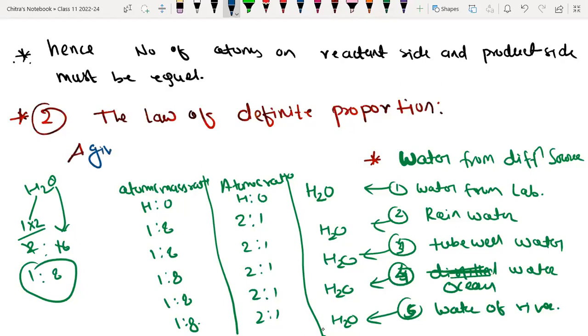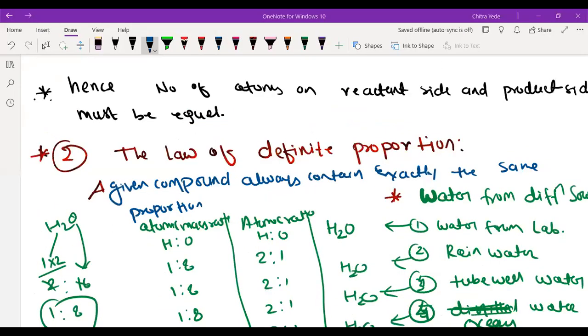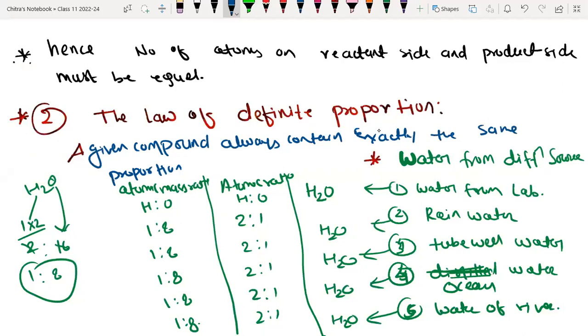A given compound always contains exactly the same proportion of the combining elements by weight, or you can say by mass also, the thing will be the same.